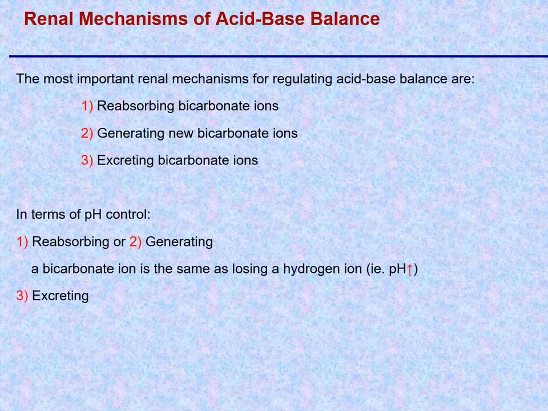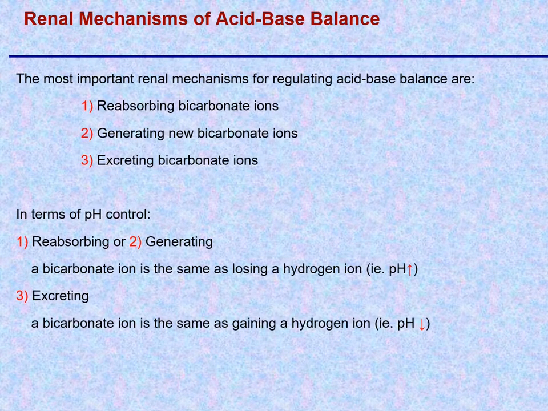The most important renal mechanisms for regulating acid-base balance are these three. They involve reabsorption of bicarbonate ions, happening in the kidney, or generation of a new bicarbonate, or excretion of bicarb.